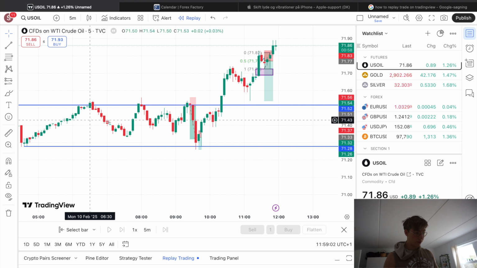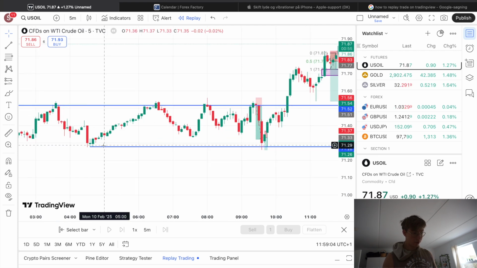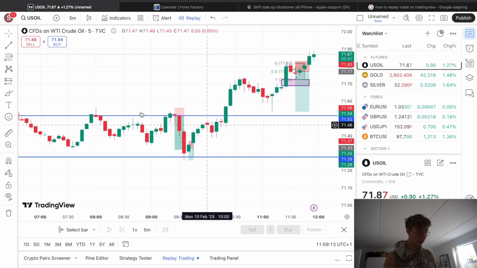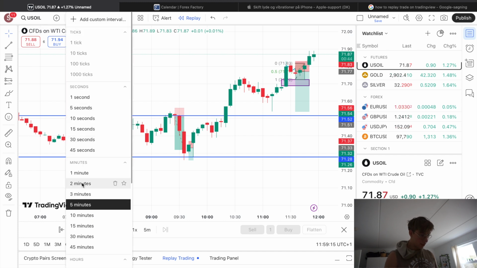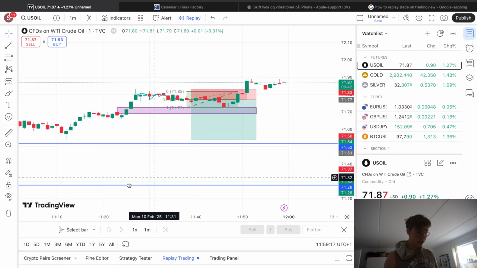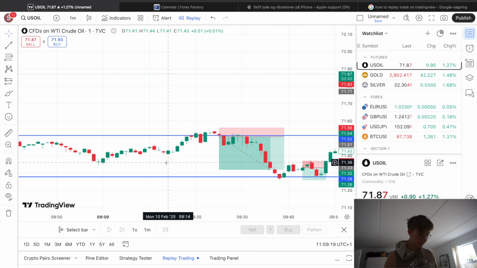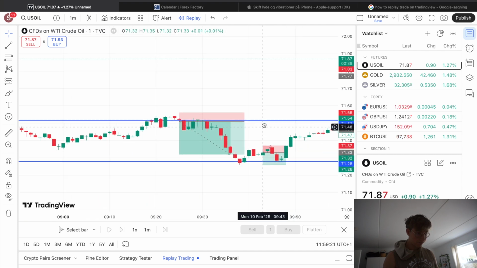I was so focused on this part, where we just sweep liquidity, create a low, sweep liquidity, go down again, sweep liquidity, and then basically do that all the time. I took the trade off of the 1 minute, where we can see, let's see, here we are.